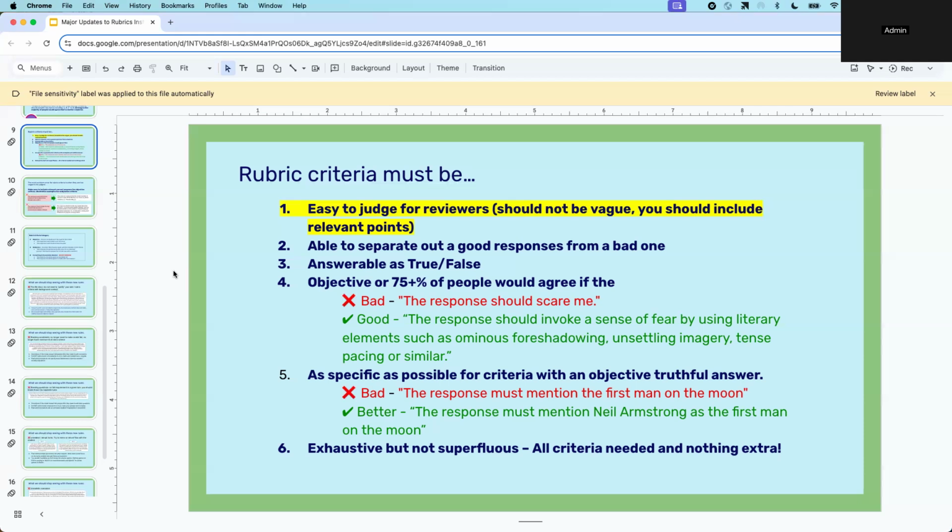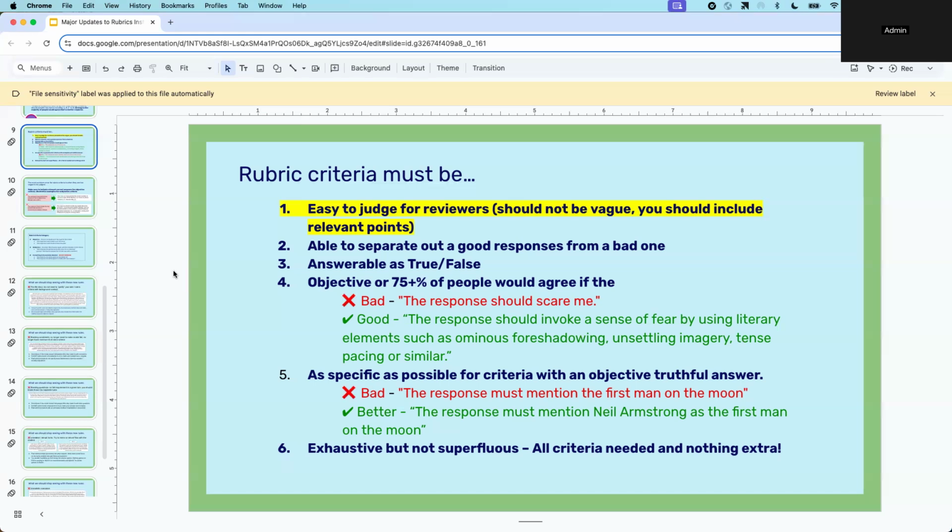Number six, the criteria that you provide should be exhaustive but not superfluous. This ties into point number two, as I was mentioning earlier, where the ultimate goal of the rubric is to essentially understand whether a response is good or bad. So there are going to be key points that are table stakes and that need to be included.